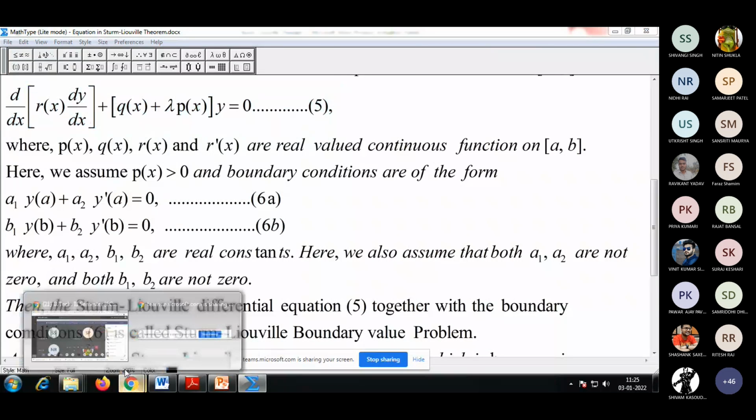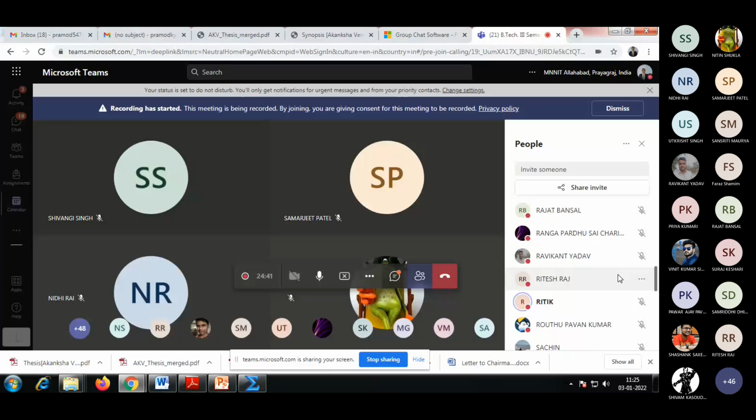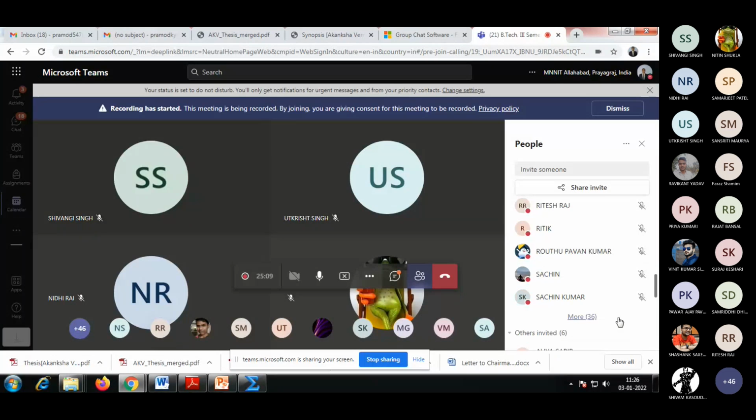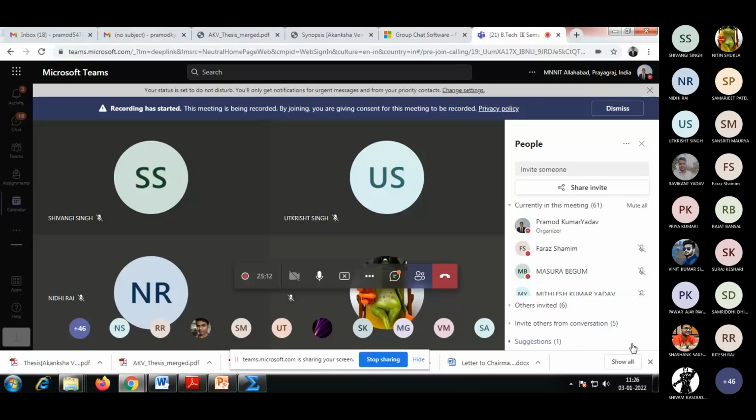Who will tell me? Ritik, Ritik, no idea. Ravikant Yadav, yes Ravikant, Ritesh Raj, no one is going to speak.